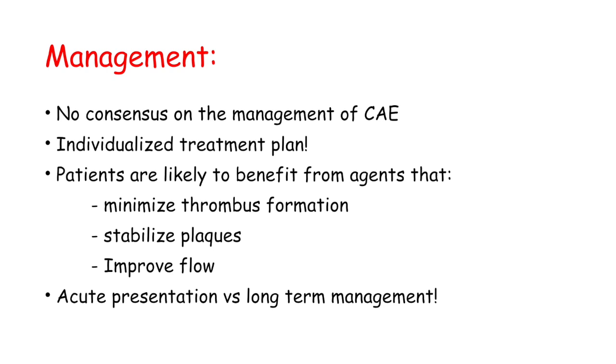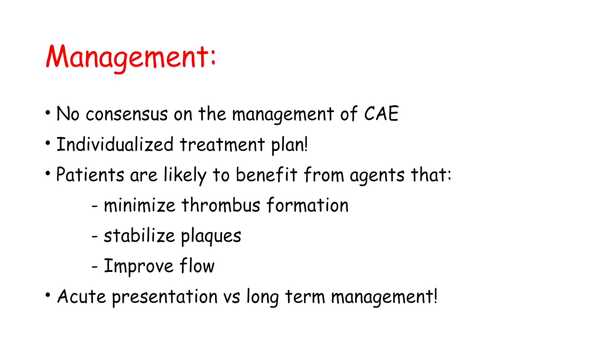However, in general, the goal of treatment for these patients is to prevent and minimize thrombus formation, and that will involve some form of antiplatelet and maybe anticoagulation. We need to stabilize plaques for the associated coronary artery disease. As we said, most of these people have associated coronary artery disease.